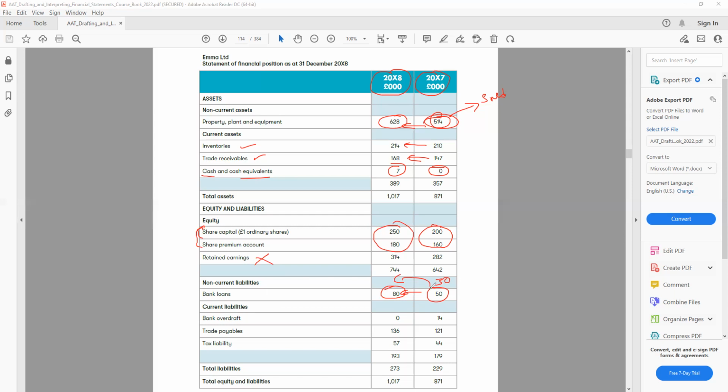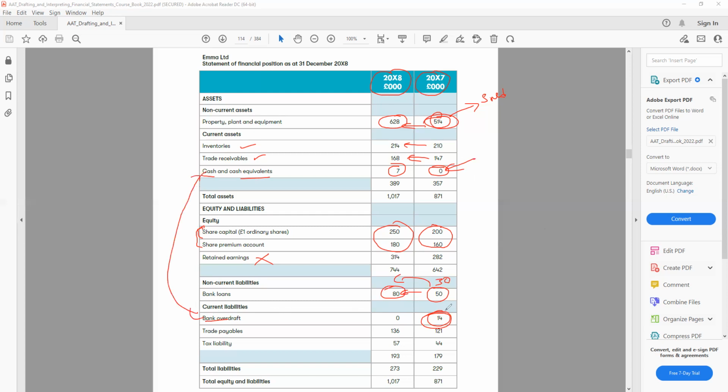All right, then after that we have to do some little workings with the property, plant and equipment, and we have the bank overdraft. You can see the opening balance, we have 0 here. So cash and cash equivalent at the beginning of the year is 0, but you have to consider the bank overdraft. So we'll take 14 as a minus, because cash and cash equivalent also includes the bank overdraft. Remember that.